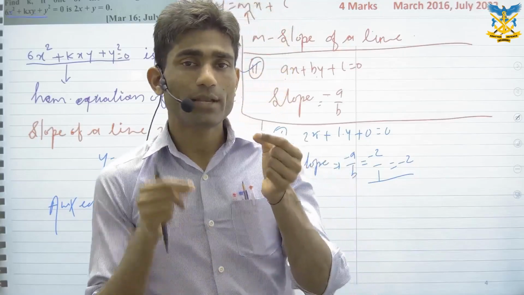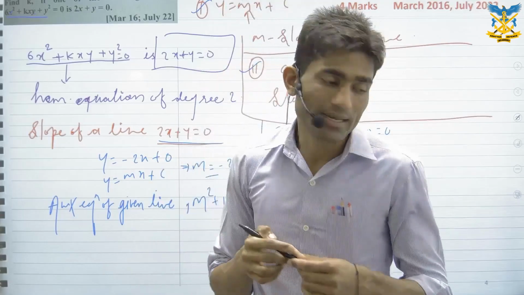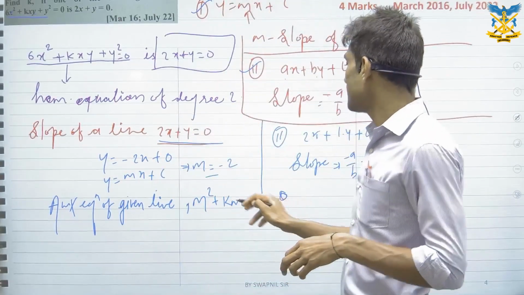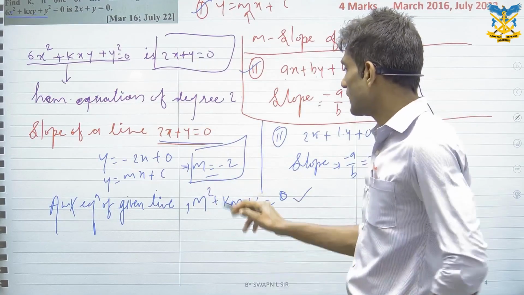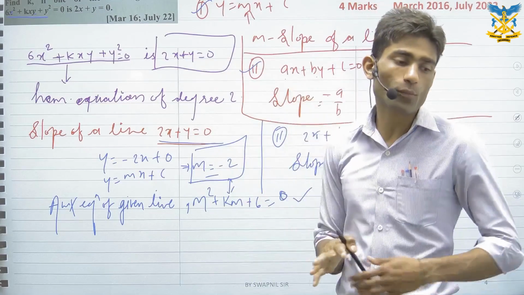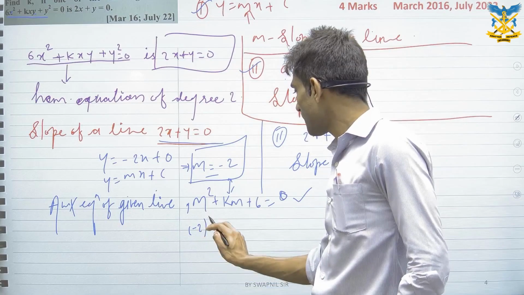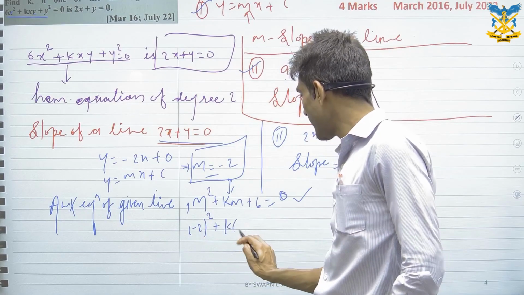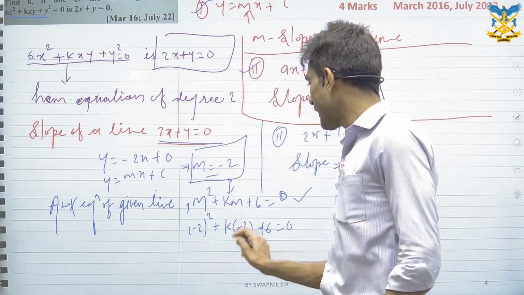So the slope m satisfies our given line, that means m equals minus 2 is the root of our equation. So put m equals minus 2 here: minus 2 square plus k into minus 2 plus 6 equals 0. Go for finding the solution.